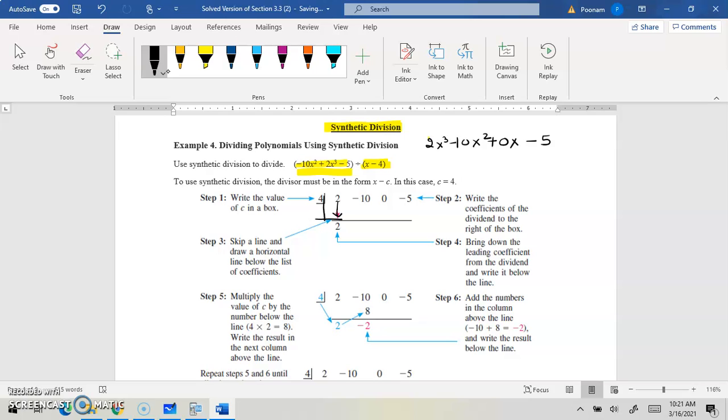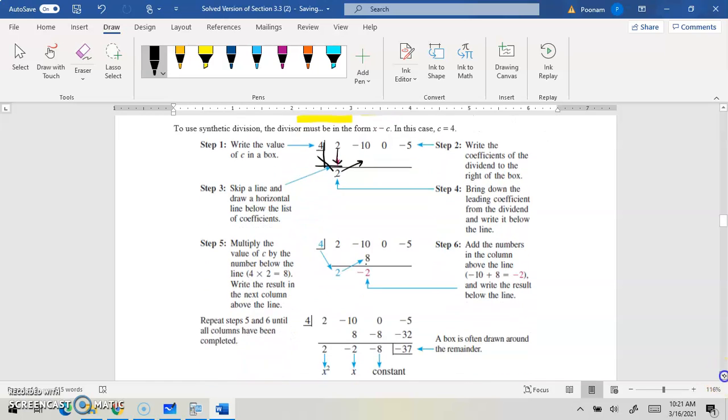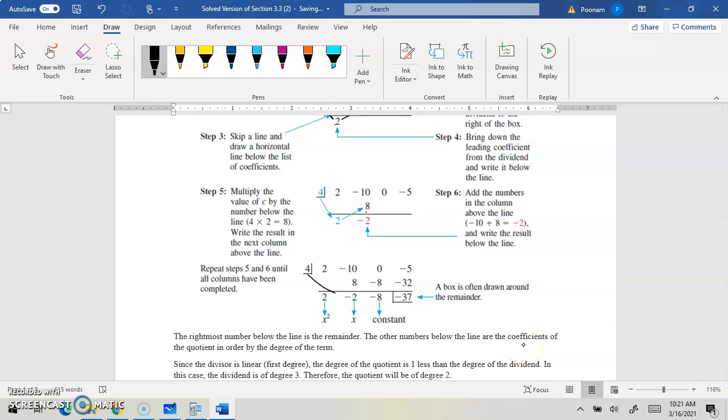Multiply 4 times 2 and write it here, 8. Then add the numbers in this column, you get negative 2. Multiply 4 times negative 2 comes here. Add these numbers, we have negative 8. Multiply 4 times negative 8, negative 32 here. So this portion gives you the quotient.